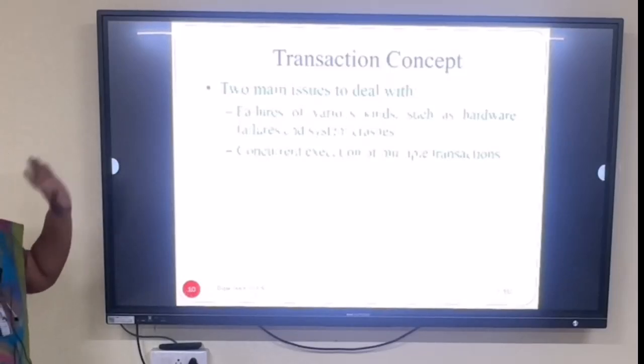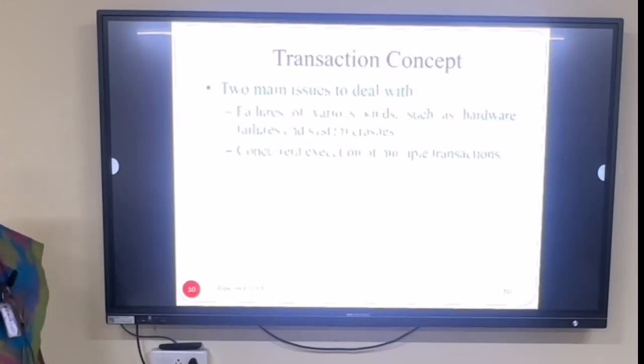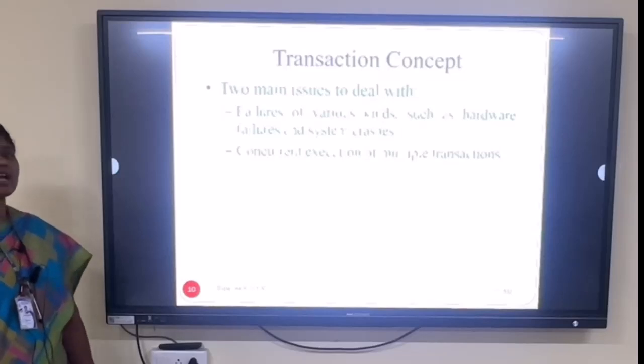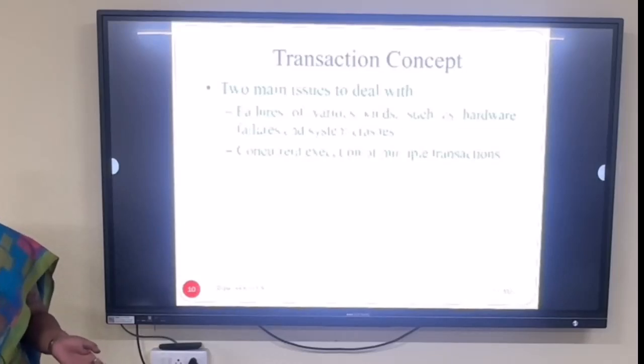Transaction concept deals mainly with two issues. If a system or hardware failure or system crash occurs, then the transaction should go back to the starting state. That is said to be a rollback.